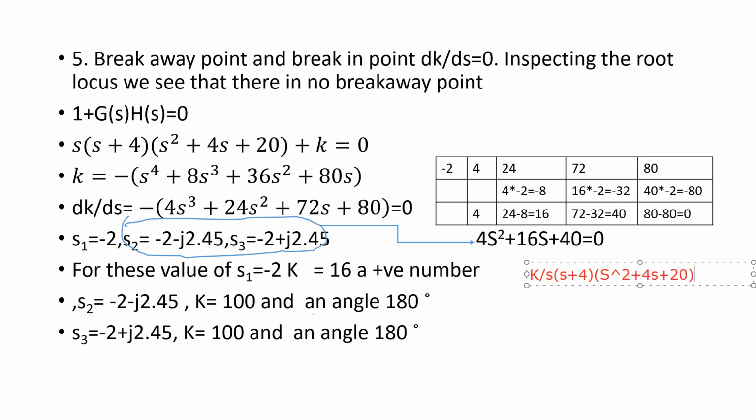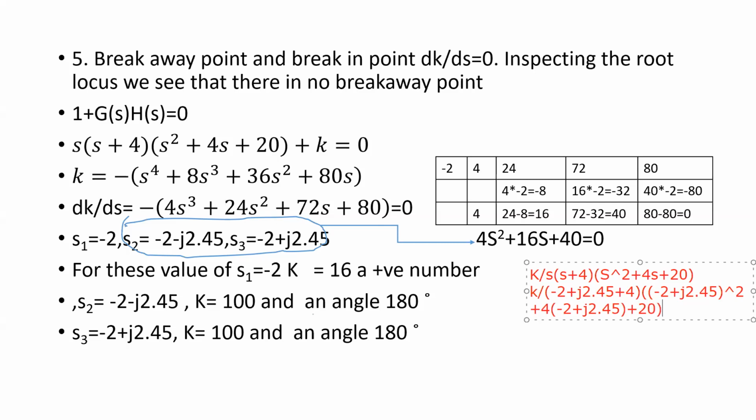Now what you have to do is substitute here, so it becomes k divided by (-2 + j2.45) plus 4 into (-2 + j2.45) whole squared, plus 4 into (-2 + j2.45) plus 20.